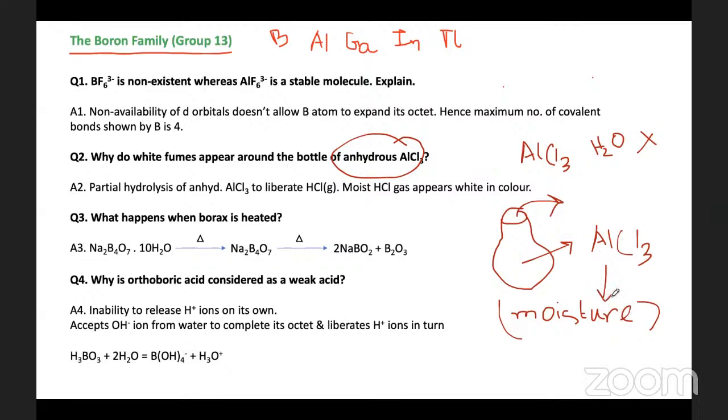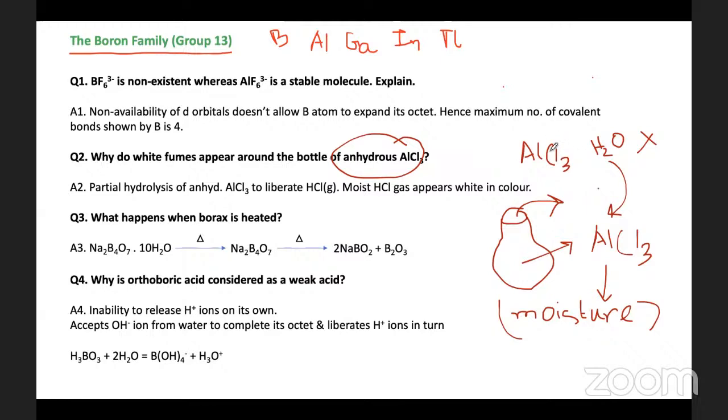So what happens? Since I have told you Al3+ centers are highly Lewis acidic in nature, they tend to capture water molecules from the atmosphere or the ambience. So Al3+ centers will capture the water molecule and get hydrolyzed. Hydrolysis means water molecules come and attack our compound and degrade it.